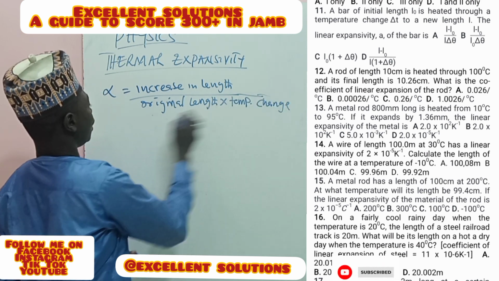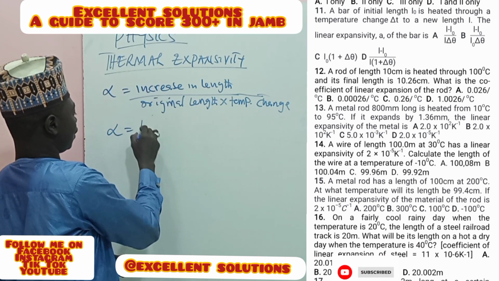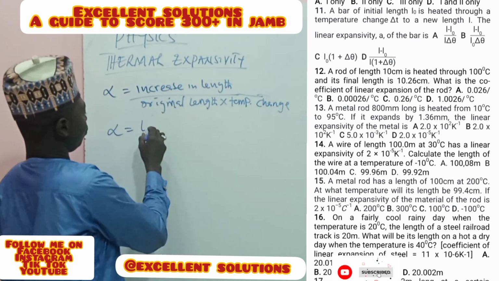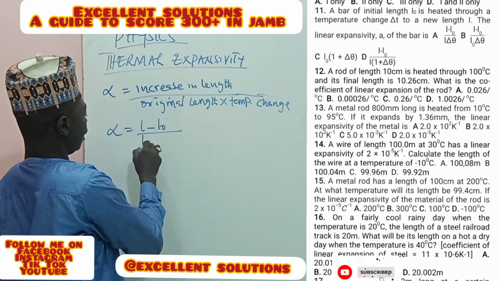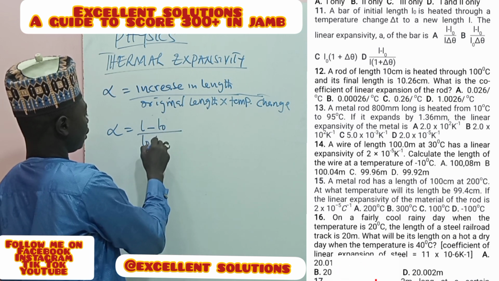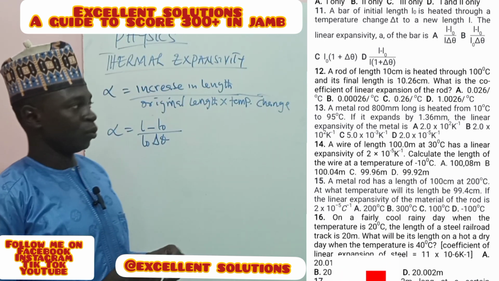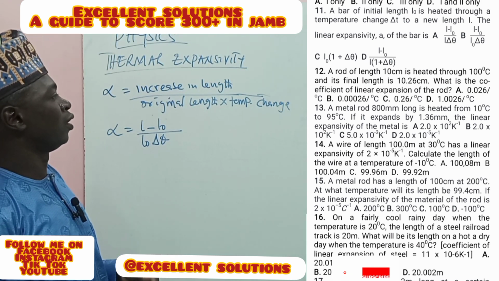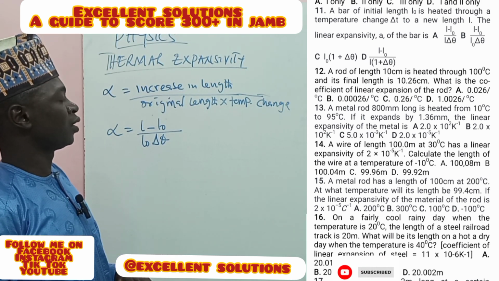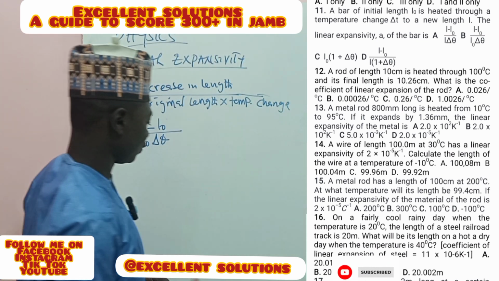So this one we now have alpha equals increase in length, which is L minus initial length L0, over initial length L0, then delta theta, which is the change in temperature. And if you look at our options, in option B we have L minus L0 over L0 delta theta. The answer is option B.